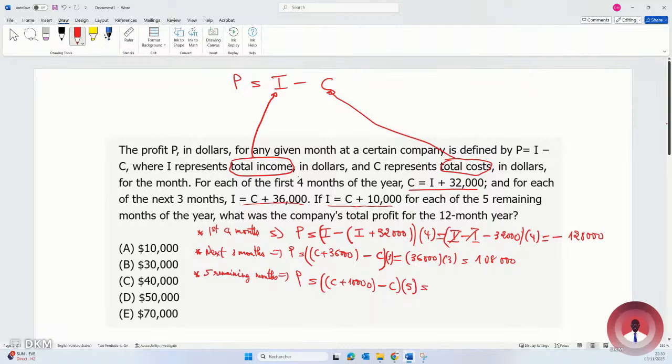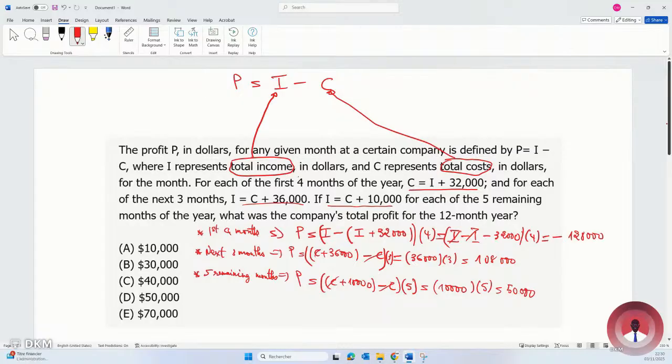So here C and C are going to cancel like we did here. We will have 10,000 multiplied by 5, which is equal to 50,000.